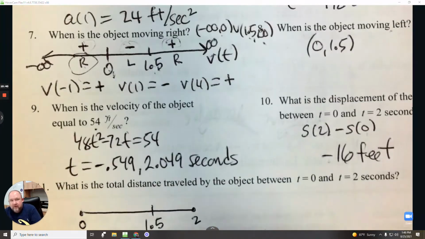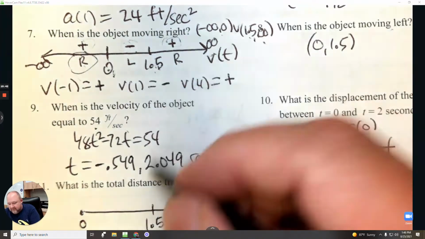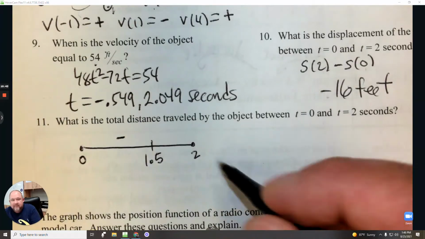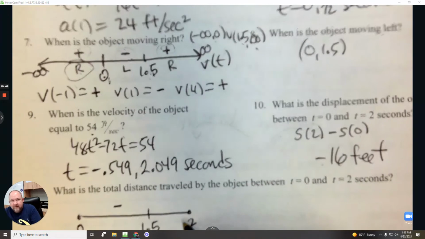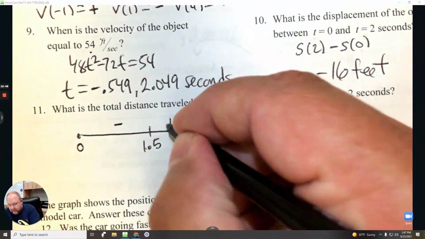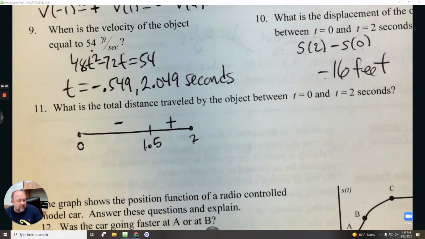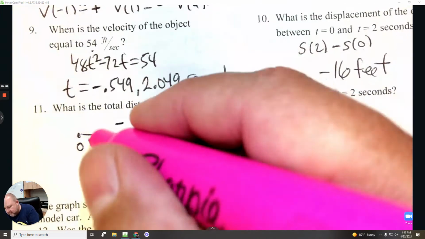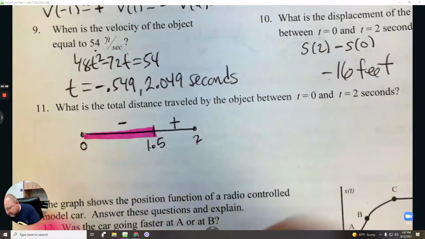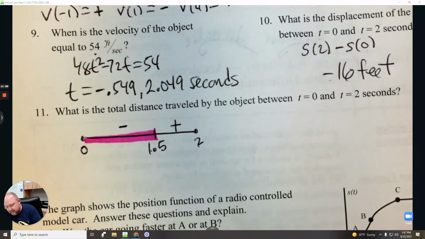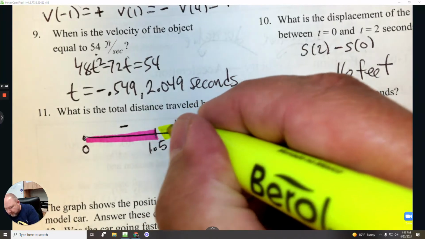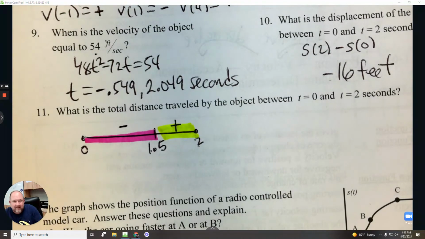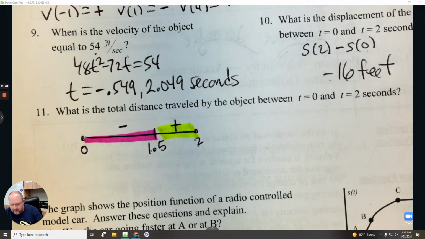So from 0 to 1.5, it's going left, and from 1.5 on, or to 2, it's moving to the right. What I'm going to do is find the distance here to the left, find the distance here to the right, and then add the two answers together as positive numbers.